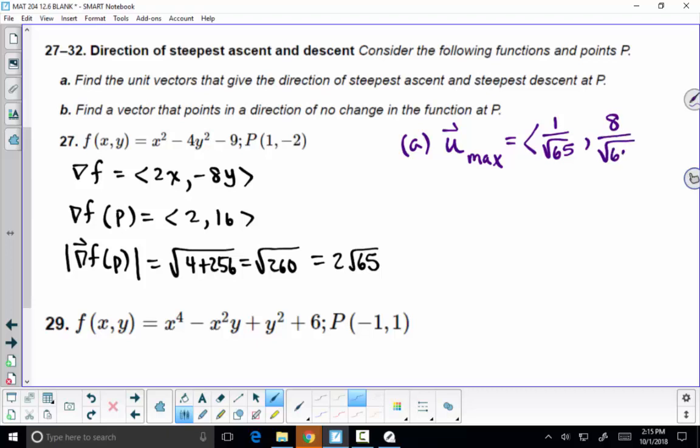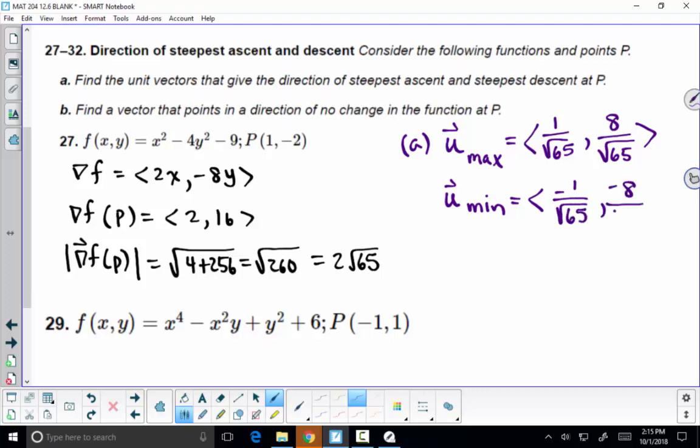So this will be the direction of steepest ascent, or maximum rate of change, and it's a unit vector. The unit vector that points in the direction of minimum rate of change, or steepest descent, we get by multiplying by -1.